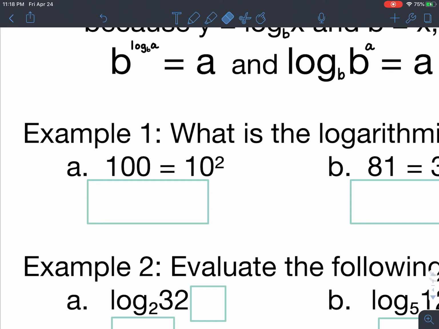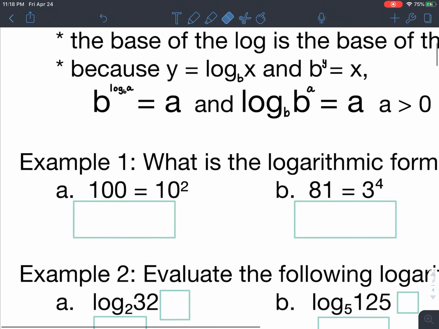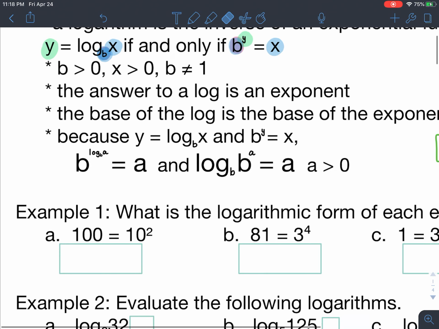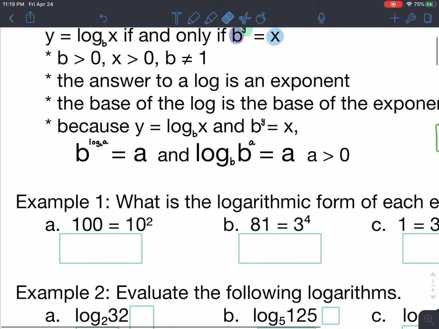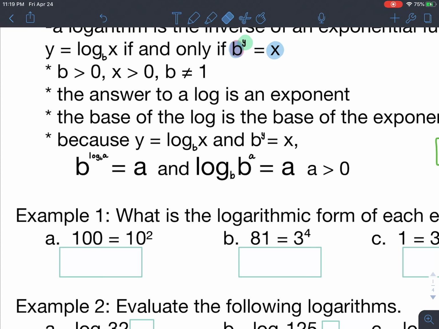Okay, so 100 equals 10 squared. We know that, of course. So to put this in logarithmic form, and you can look up here for the general form, remember that the answer to a log is an exponent. So the answer to this logarithmic form that I'm about to write is going to be the number 2, because that's the exponent. And the base of the log is the base of the power.